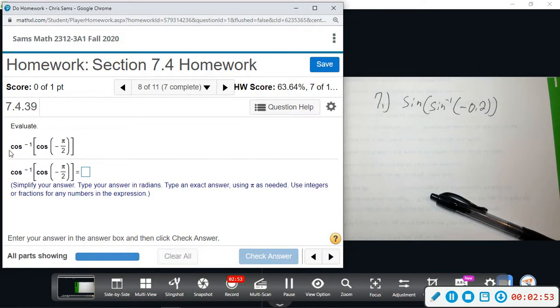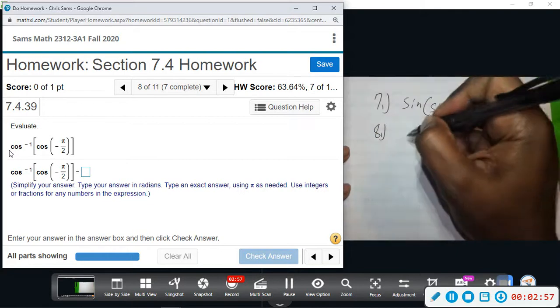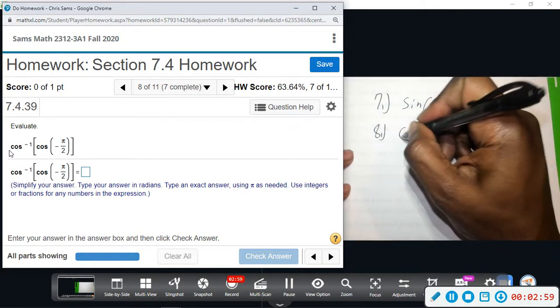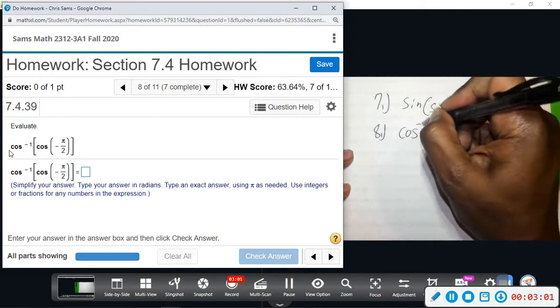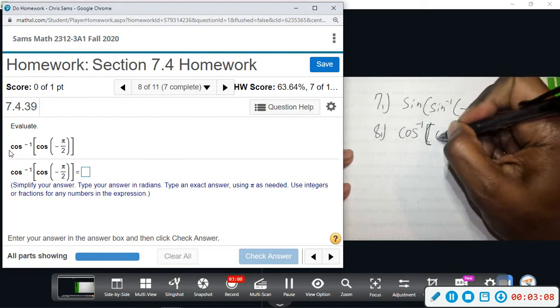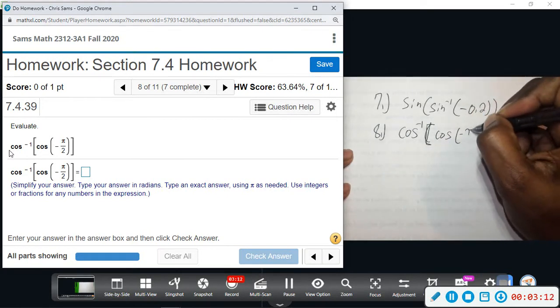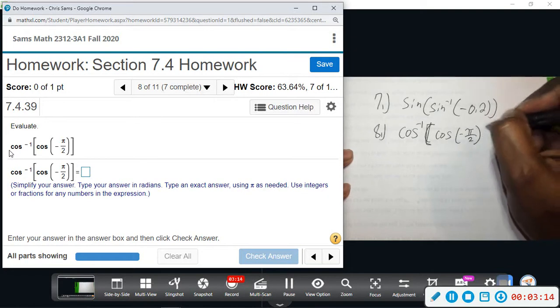All right. So number 8, cosine inverse of, got a bracket here, cosine of negative pi over 2. All right, so look at this one.